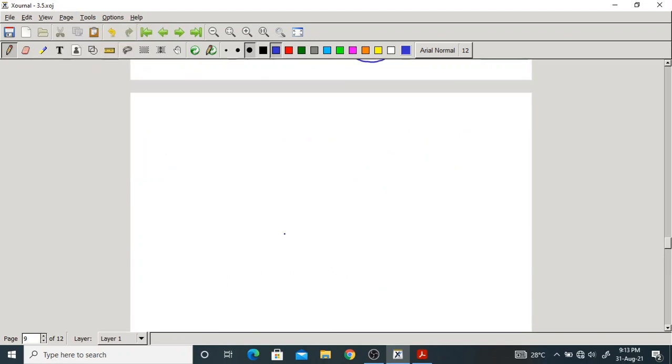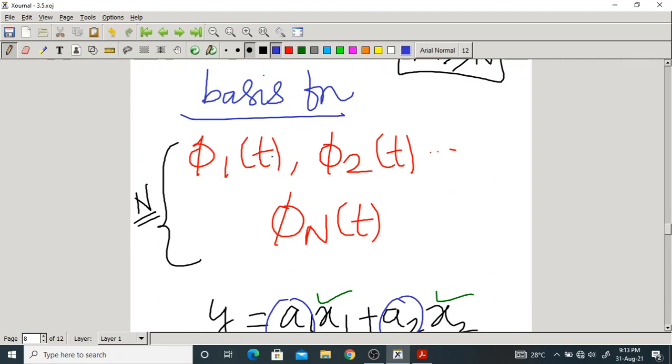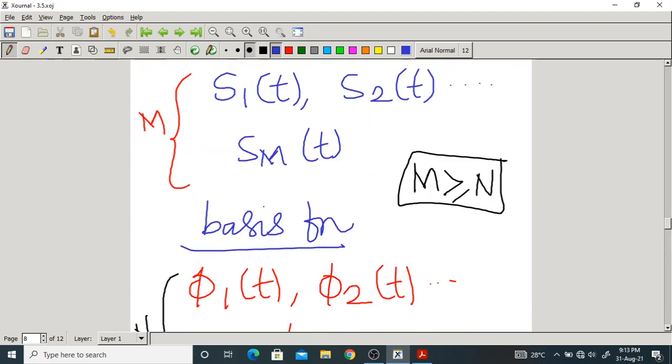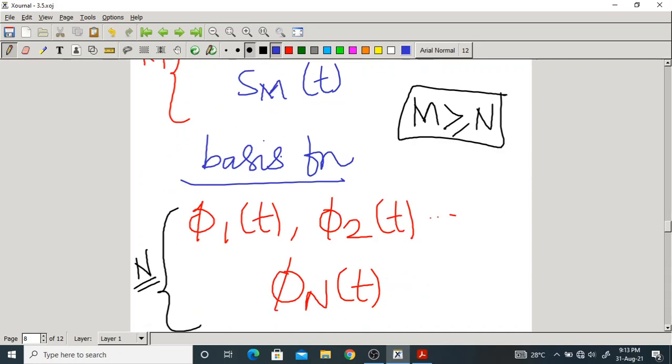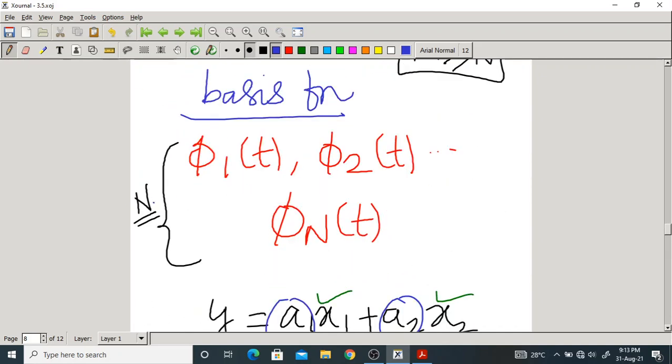The same way, here those set of M energy signals, that is S1 of t, S2 of t, Sm of t, can be written as a linear combination of basis functions phi 1 of t, phi 2 of t, and so on, phi n of t. M energy signals can be represented as a linear combination of n basis functions.